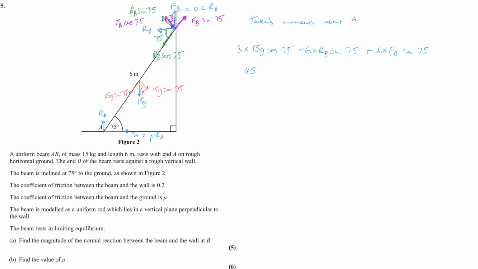So we've got 45g cos 75 equals 6RB sine 75 plus. Now FB, we've written it up here, is 0.2 RB, so it's going to be 1.2 RB cos 75.